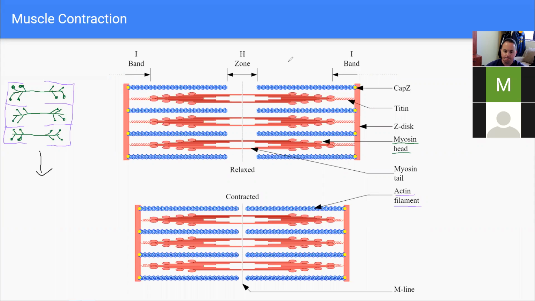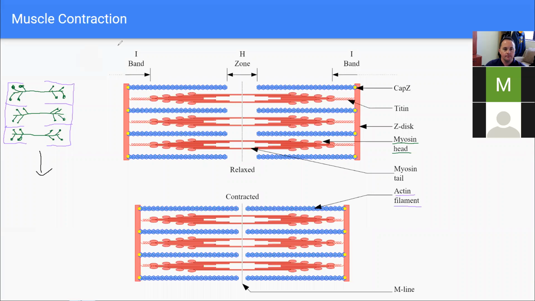Good. So what we have here is the myosin head and tails being the red pieces and the actin filaments being the blue pieces. When we contract a muscle, there's a cascade of events that has to happen, a series of events. A nerve impulse is going to be sent to the muscle. Let's say we're talking about the bicep, easy one.